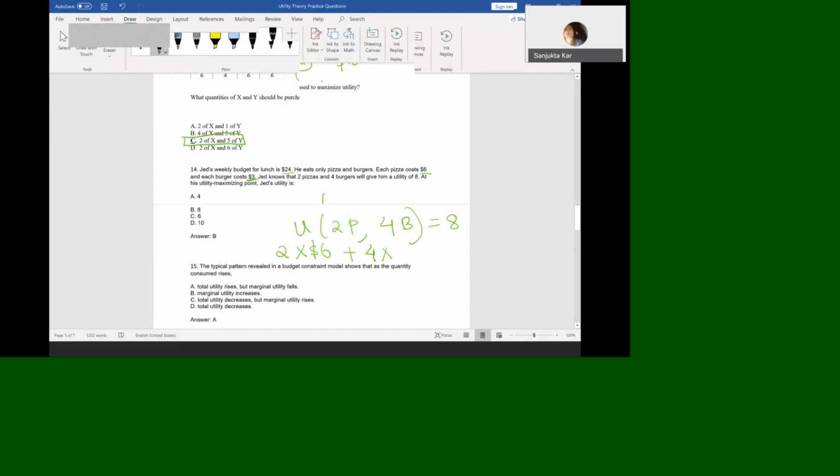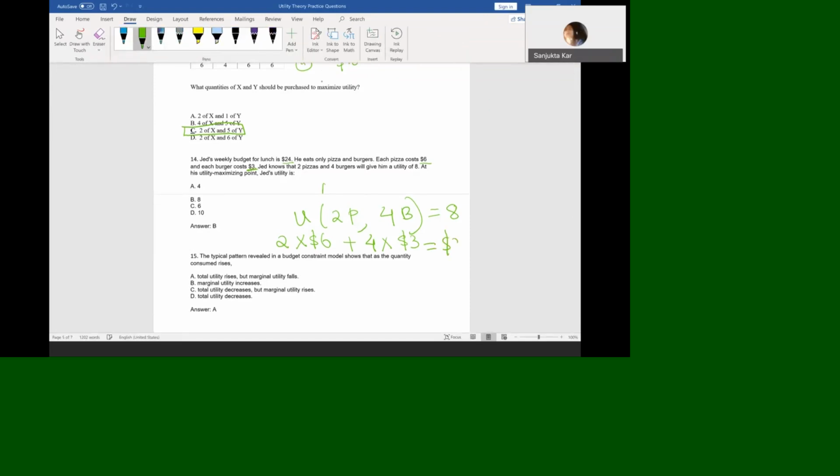So 12, 20. My pen decided to stop working for a while. This is what I'm getting here, 24. So he's spending all his money and his utility will be 8. Okay.